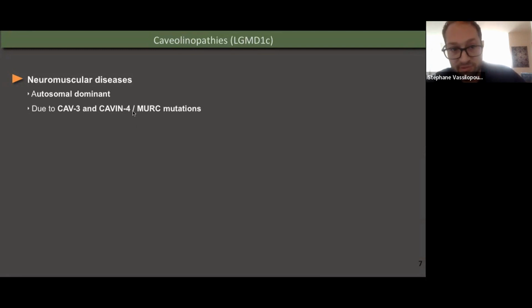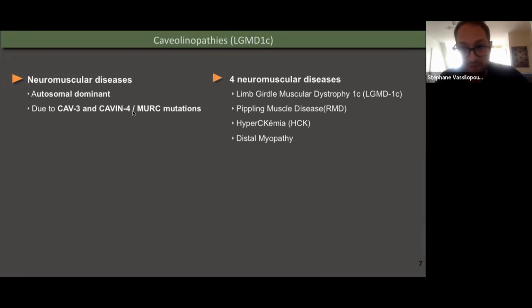And so both of these muscle-specific proteins can be mutated in caveolinopathies, which are characterized by, so the severe cases present with a limb-girdle muscular dystrophy. It's no longer classified as limb-girdle muscular dystrophy 1C, but some cases of caveolin mutations can cause quite a severe muscular dystrophy.